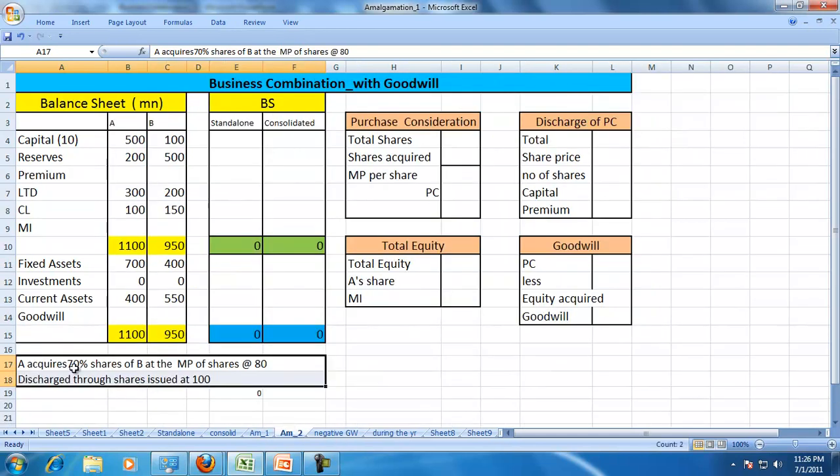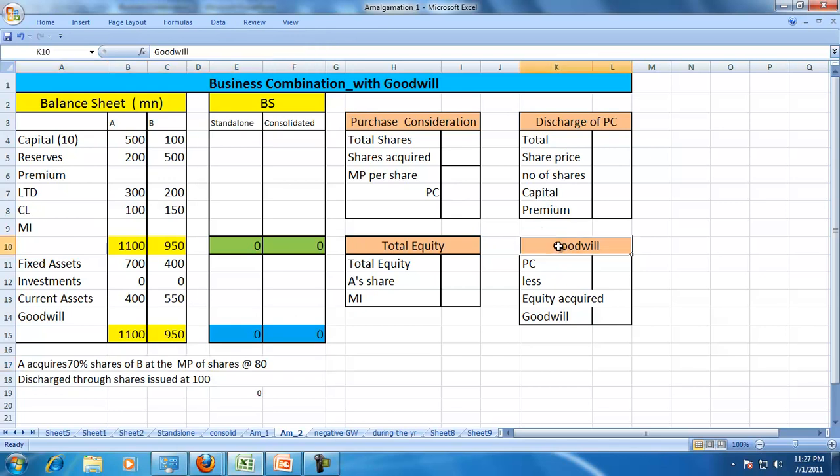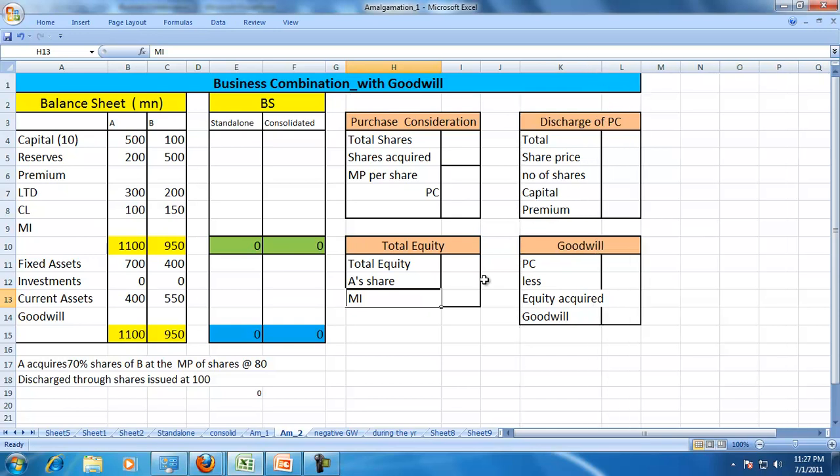Whereas in this case, A is acquiring 70% of the shares of B at the market price of 80. So once again we'll calculate purchase consideration, goodwill, minority interest, and the way the purchase consideration has been discharged.